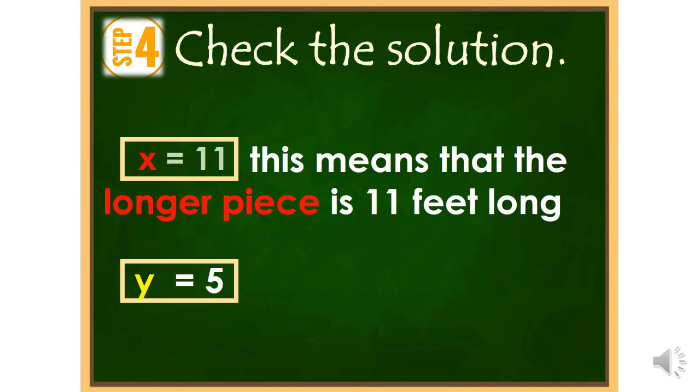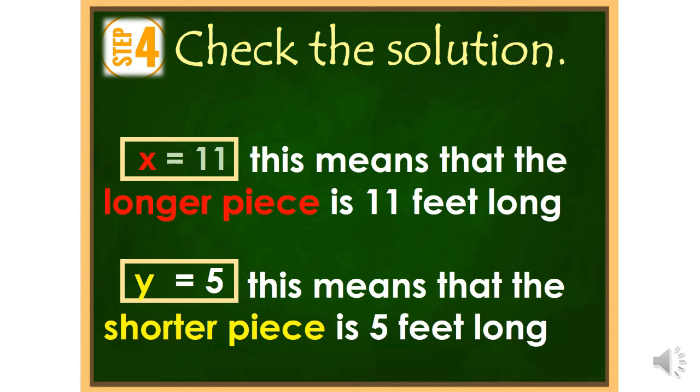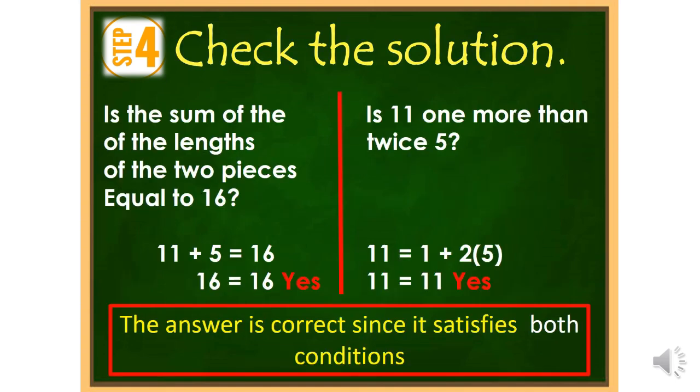This also means that the shorter piece is 5 feet long. This time, let's do the checking. Is the sum of the lengths of the two pieces equal to 16? Now, let's check. 11 plus 5 is 16.